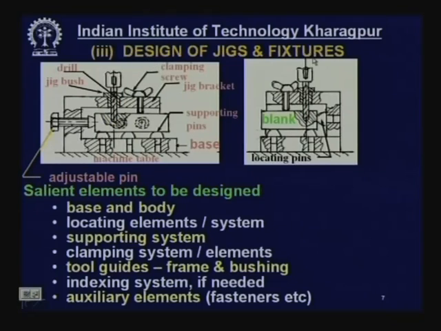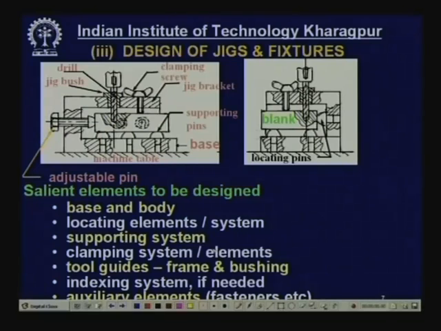Now, the design of jigs and fixtures. What shall we design? Which part shall we design? Let us see what are the major parts comprising the jig or fixture. Here again you recall, suppose this is the workpiece where a hole has to be made at a certain distance from here and here.